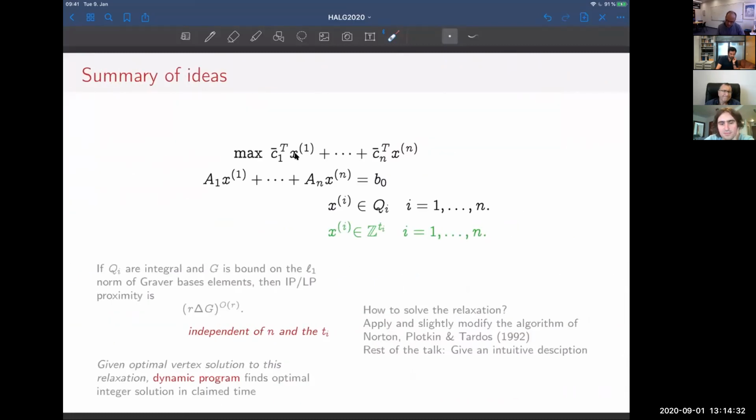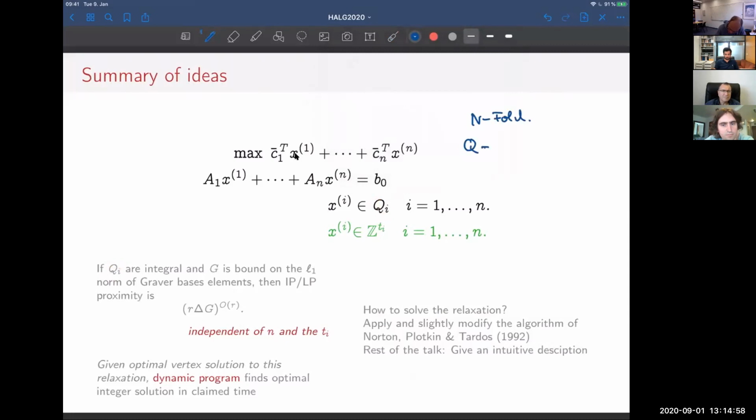Good. So what is the summary of the ideas to solve such a block-structured integer program? If the Qi are integral, so this means that those are integer polyhedra, and we can assume that this is the case for n-fold because the Qi's here would be small dimensional.